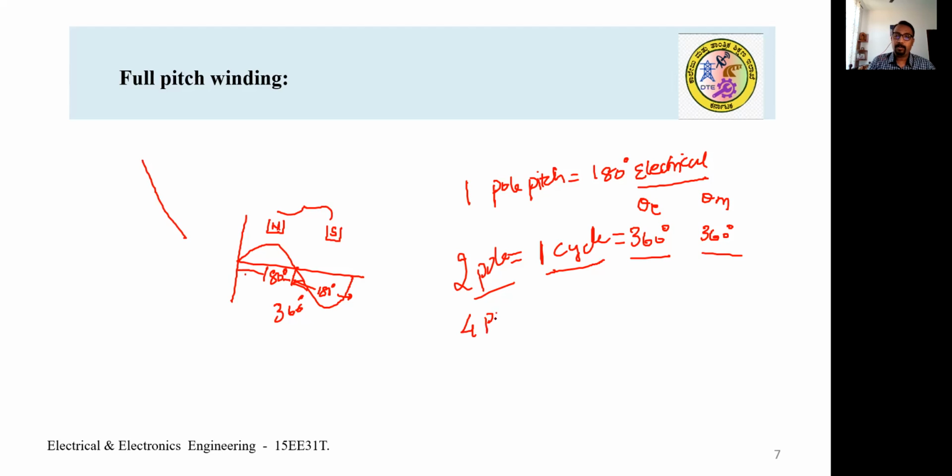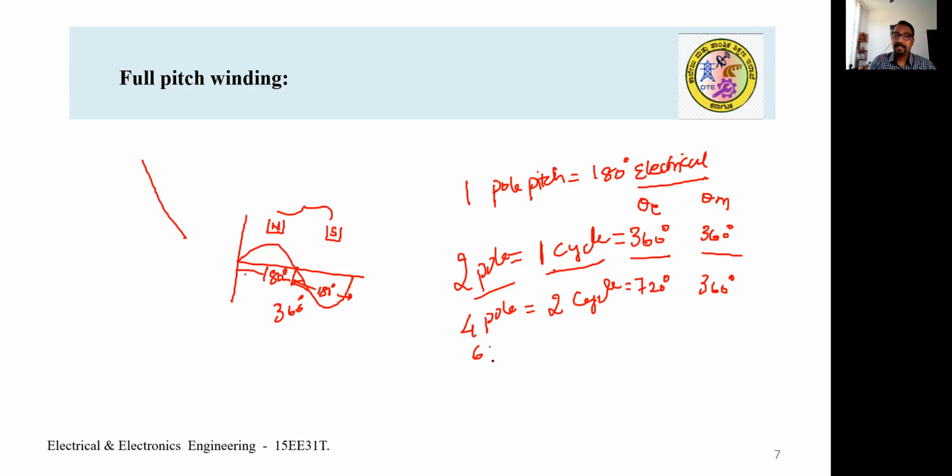Suppose it is a four-pole machine, we can produce two cycles of EMF in one rotation. Two cycles of EMF will be induced. Two cycles means 360 degree plus 360 degree. So we get 720 degree electrical, but still in one rotation, mechanically it is 360 degree.